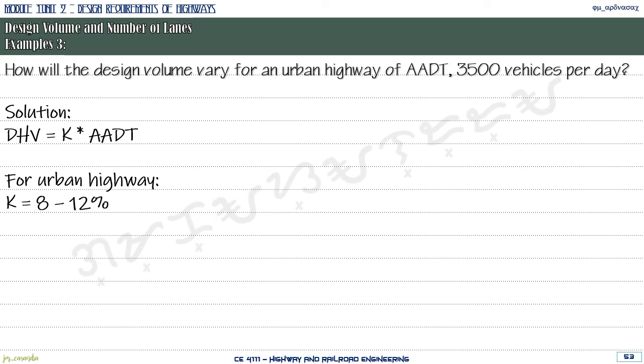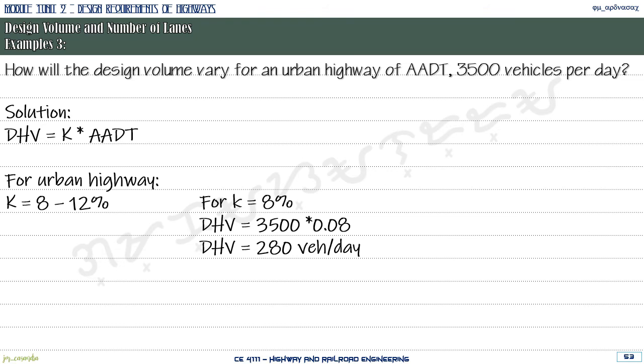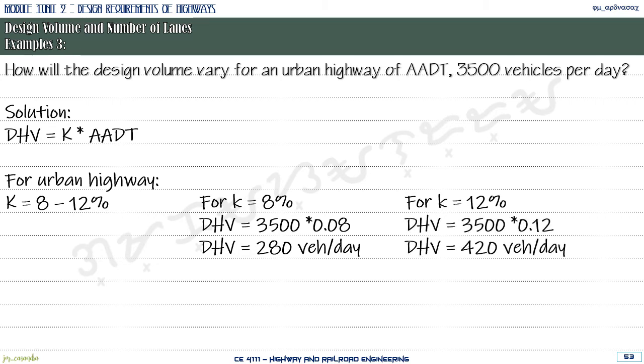So from here, we'll just simply compute for the minimum and maximum values using our percentages. So for K equal to 8%, we'll now arrive at a design hourly volume which is equal to 280 vehicles per hour. And for your K value equal to 12%, we'll now arrive at a DHV of 420 vehicles.